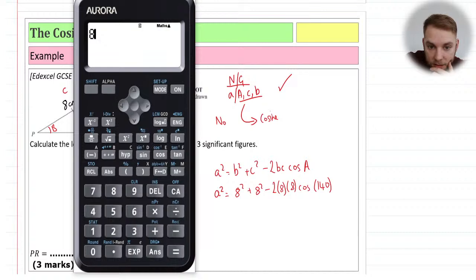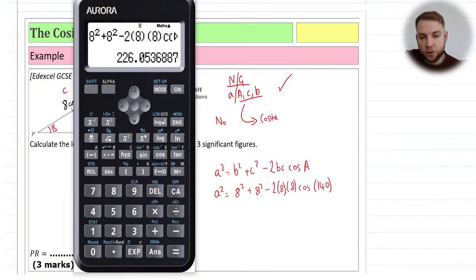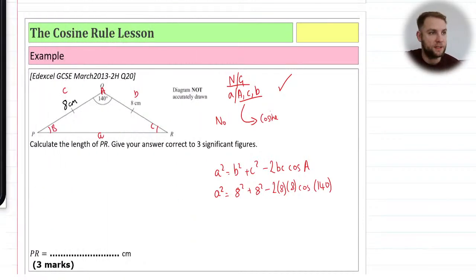So 8 squared plus 8 squared minus 2 times 8 times 8 cos of 140 is equal to 226.05.